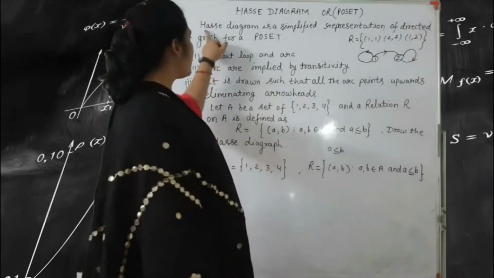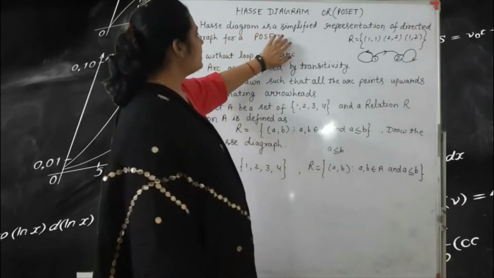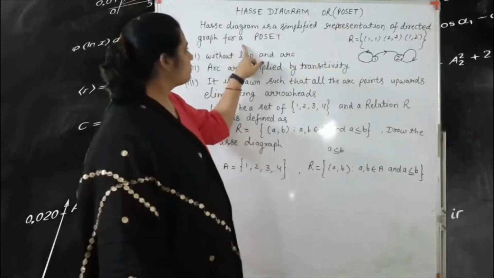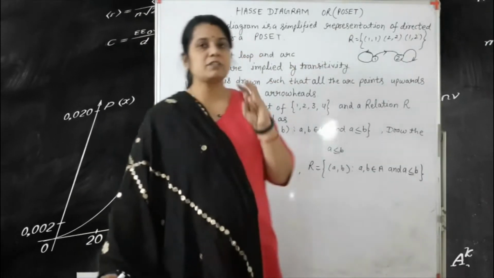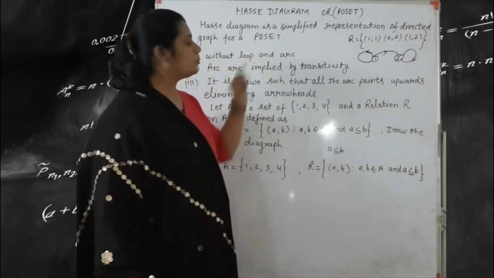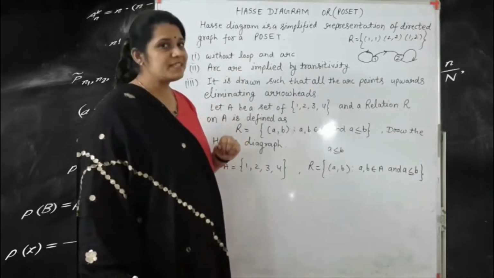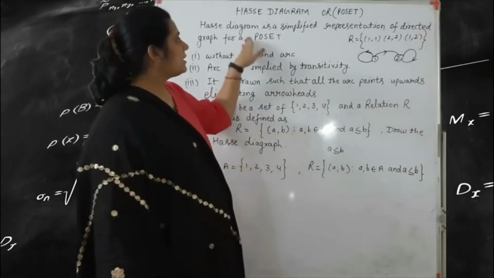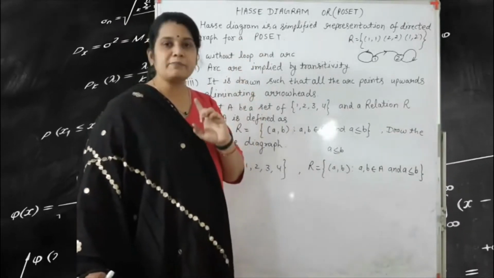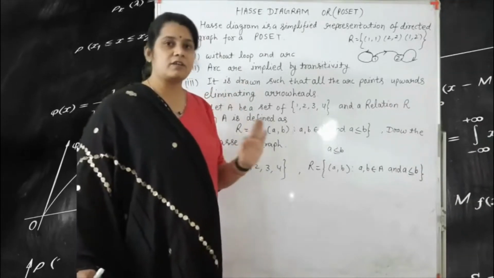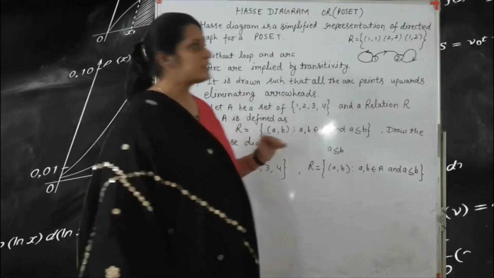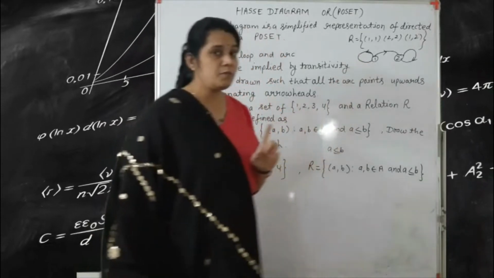Okay, so a Hasse diagram is a simplified representation of a directed graph for a poset. Here we have the three conditions. First one is without loops and arcs. If a relation satisfies the partial order set, the reflexive relation is already satisfied. If the reflexive relation is satisfied, that means we draw the self loop.